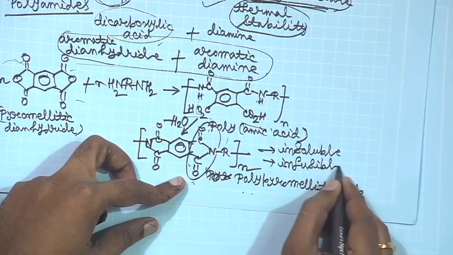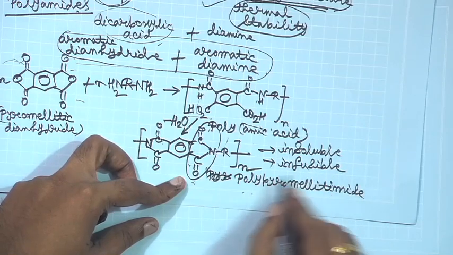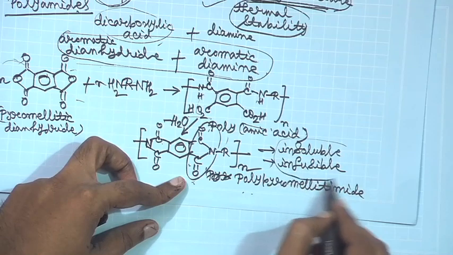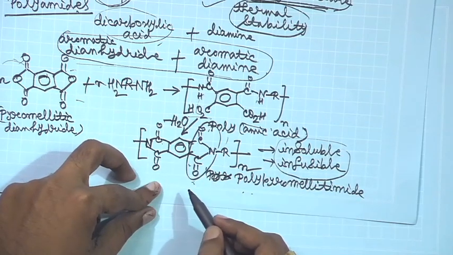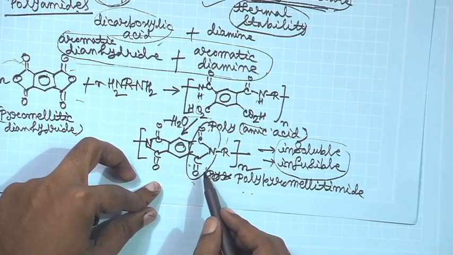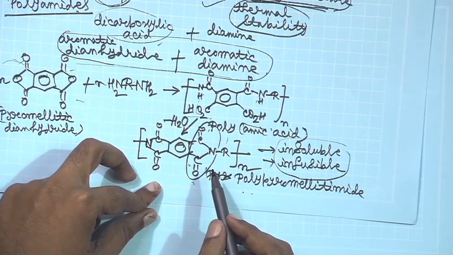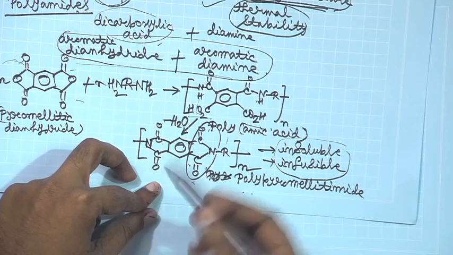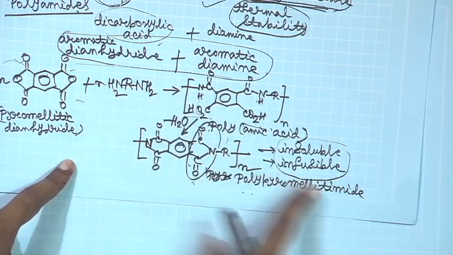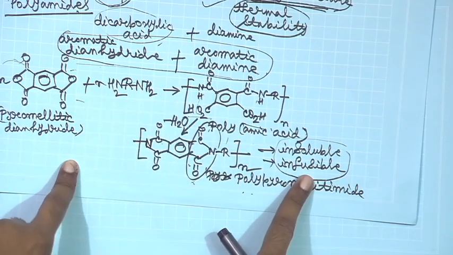Infusible means you cannot melt them, they do not melt. If that is the situation, how do you process these materials? You cannot process them. This is one problem, you have a processability problem.